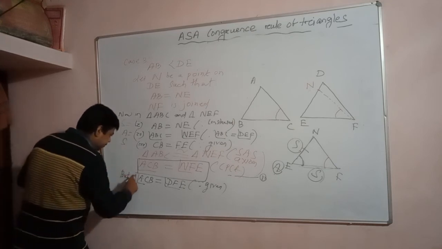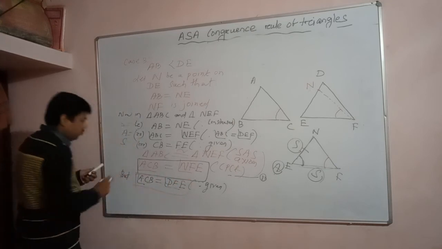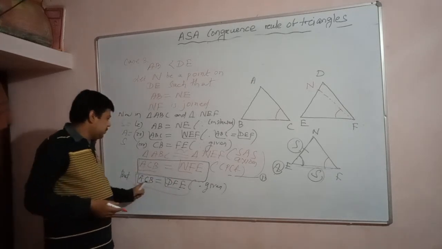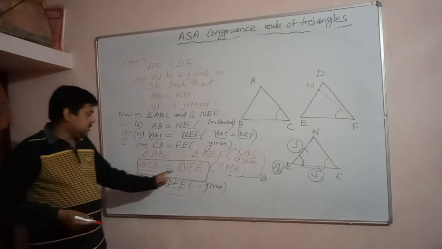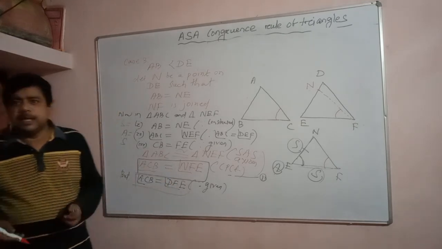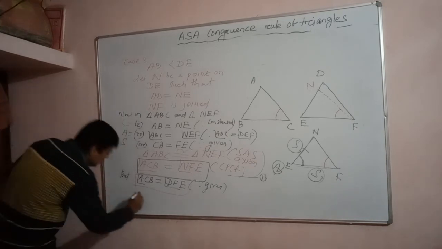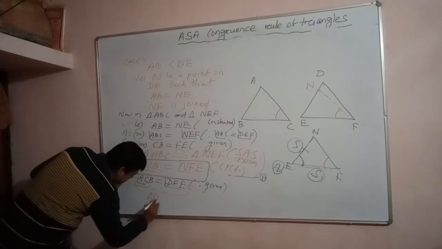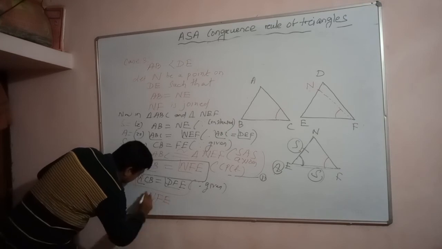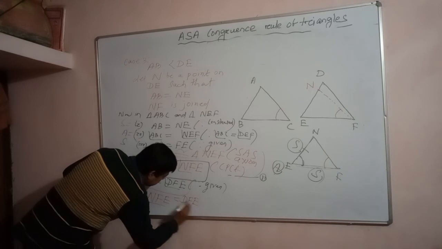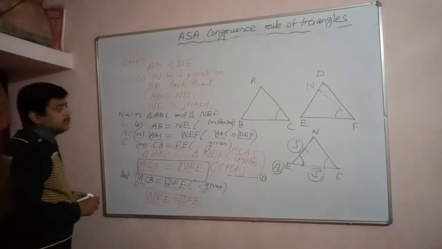So you see, angle ACB is equal to angle NFE, and angle ACB is equal to angle DFE. It means angle NFE is equal to angle DFE.